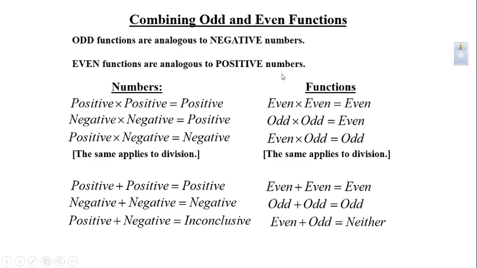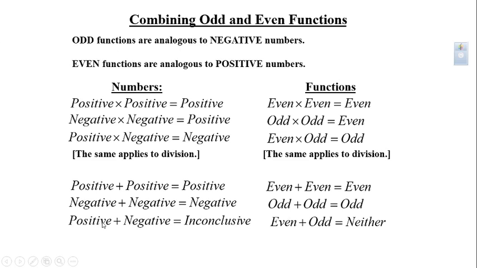Even functions work like positive numbers. Odd functions work like negative numbers. When you add two numbers with the same sign, you get that sign. A positive plus a positive is a positive. A negative plus a negative is a negative. Likewise, if you add an even function to an even function, you'll get an even function, and if you add an odd function to an odd function, you'll get an odd function.